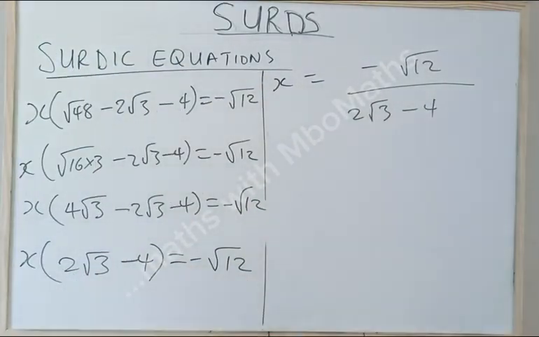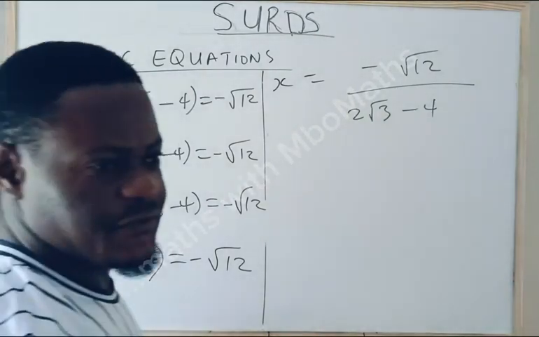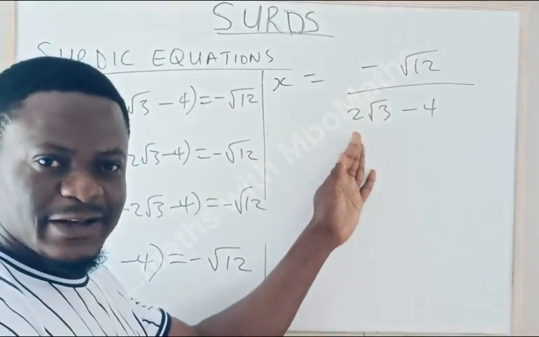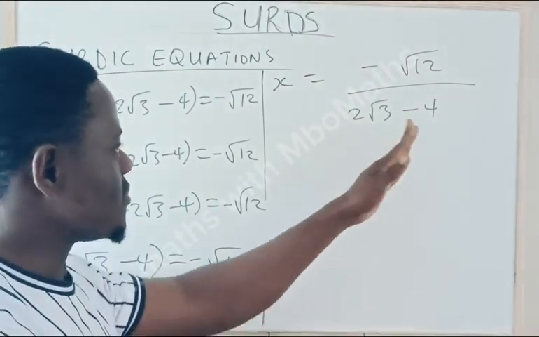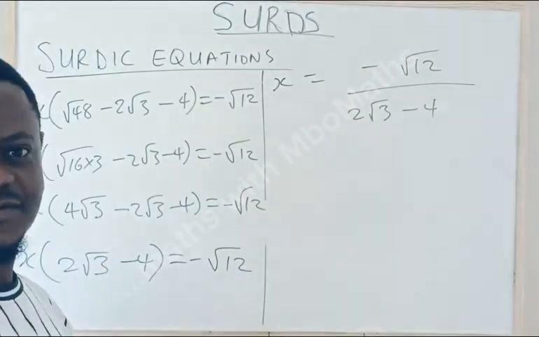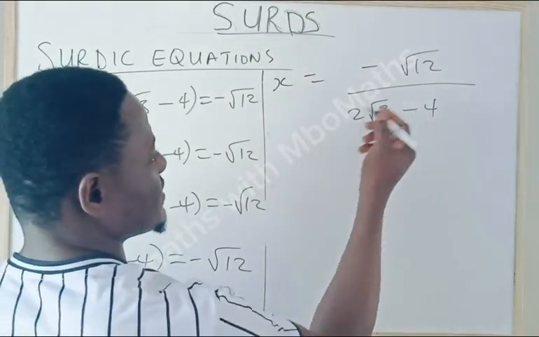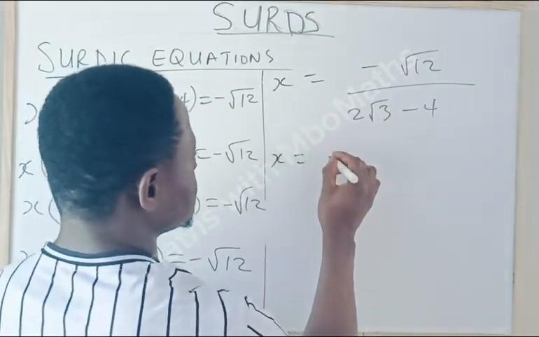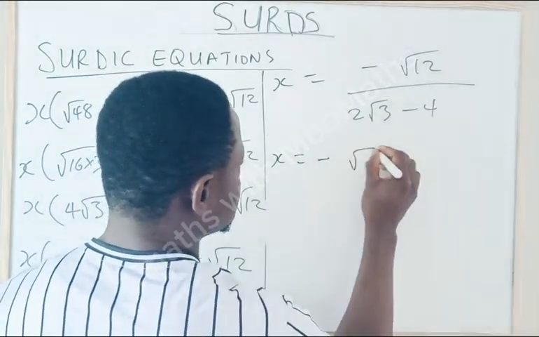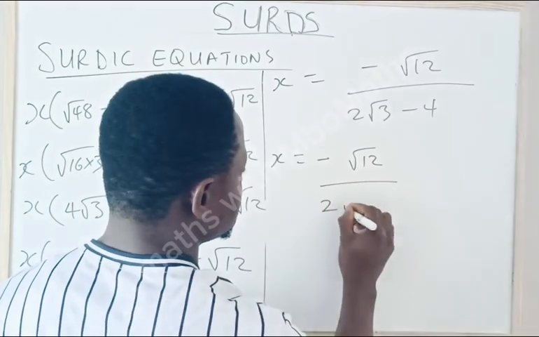Is it not? So, as before, you remember we are now back to rationalizing the denominator. We have to rationalize this to get to the answer we are looking for.